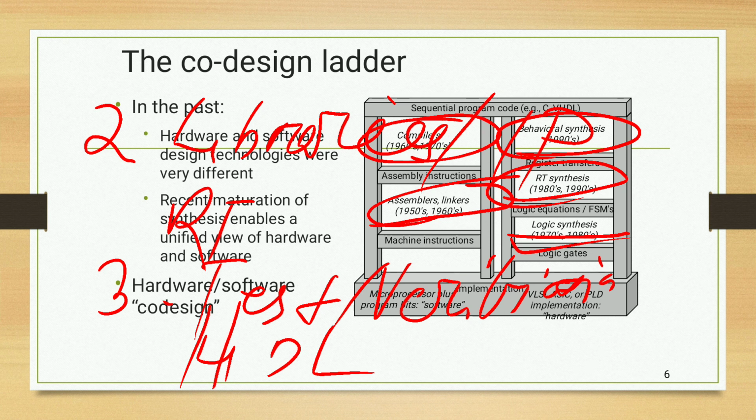The behavioral level hardware description level HDL simulator simulates sequential programs and co-simulators connect HDL and general purpose processor simulators to ensure hardware software co-verification.